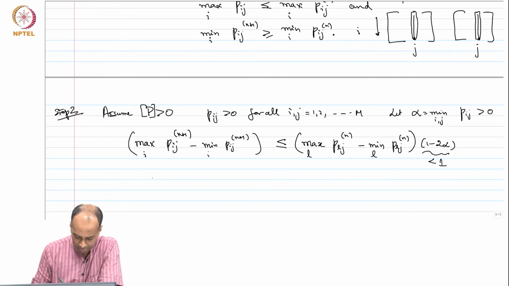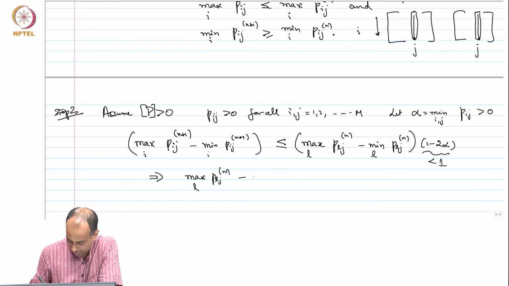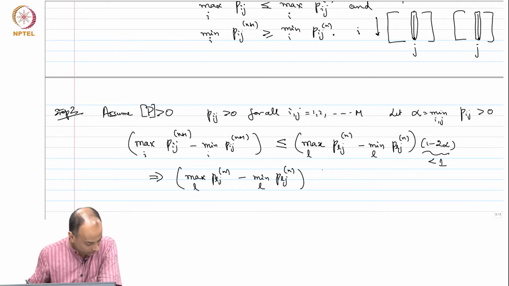Alright, so this implies, this we have to show of course, that if you look at this max minus min, this guy goes down geometrically fast.